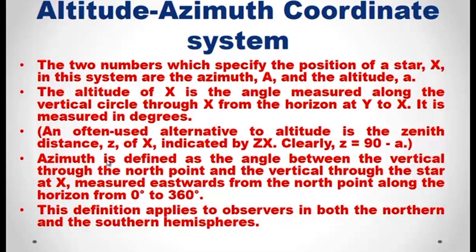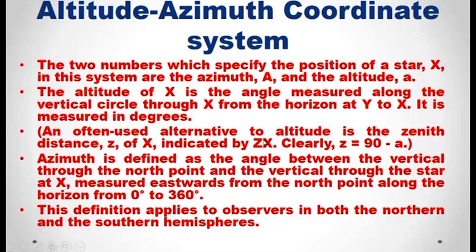To locate the position of an object in the rectangular coordinate system, 3 coordinates are required, 3 numbers. Here in the altitude azimuth coordinate system, 2 numbers are required to locate the position of an object.